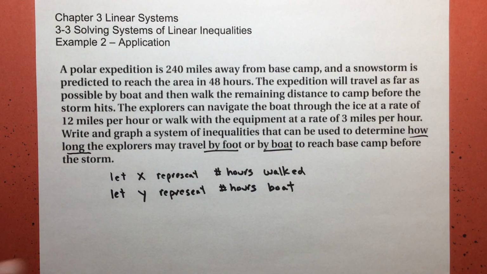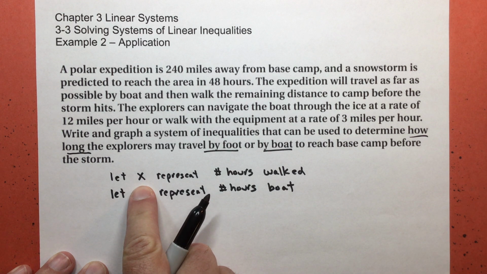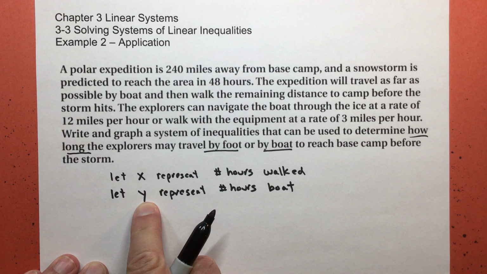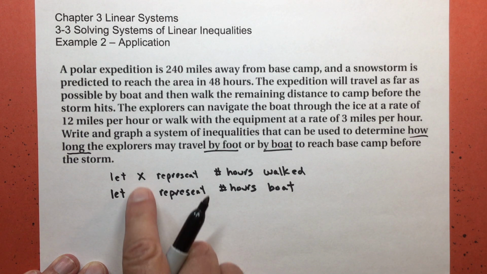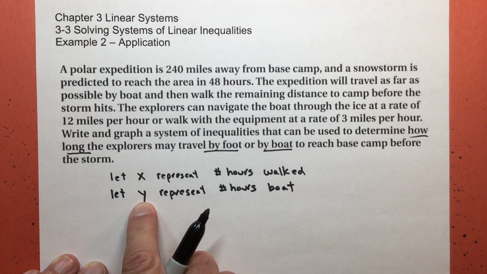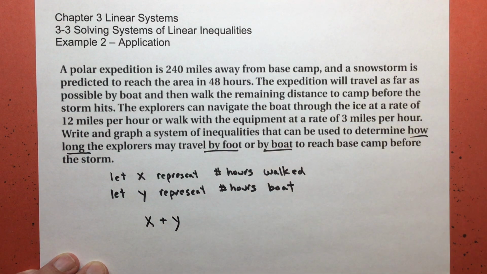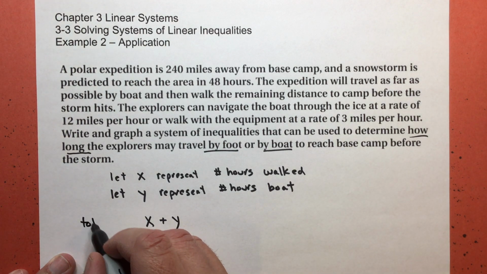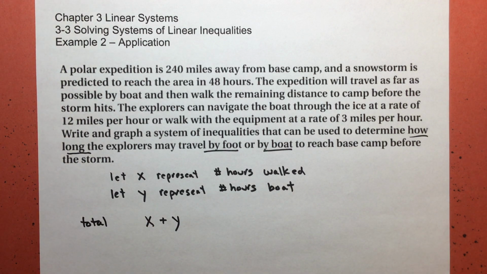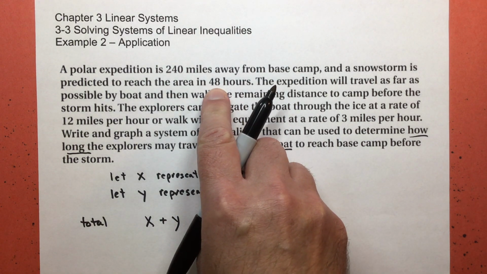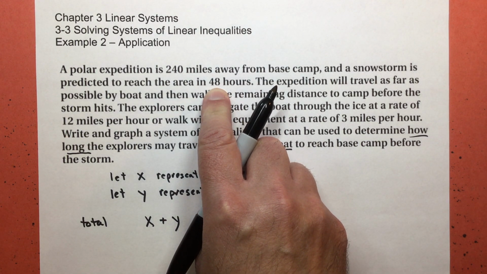Let's pick the first one. If they're going to walk a little bit, and if they're going to boat, the total time is going to be how many hours they walk plus how many hours that they're going to be on the boat. So that's going to be X plus Y. This is going to be the total number of hours that they're going to travel, either by walking or by boating. The storm is going to hit in 48 hours. Now, I mentioned when I read it, I said that doesn't mean exactly 48 hours.